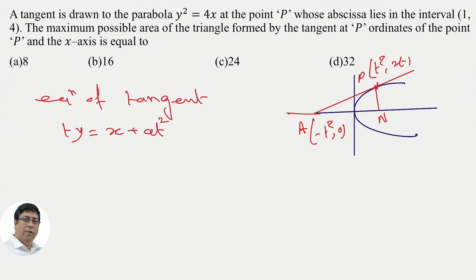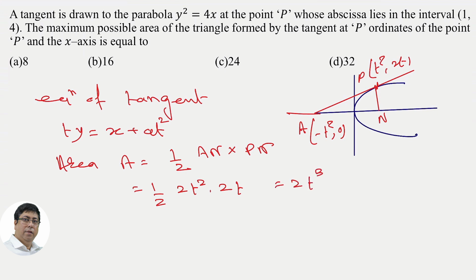Therefore we can write the area, suppose area A equal to half base into altitude, so in this case half AN into PN, that is coming half into 2t square into 2t, so this is coming 2t cube, so we can write this as 2t square whole to the power 3 by 2.